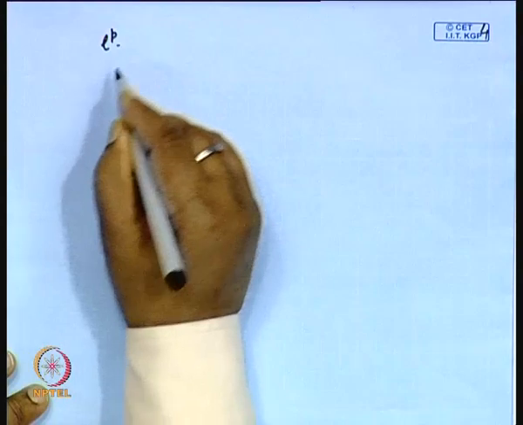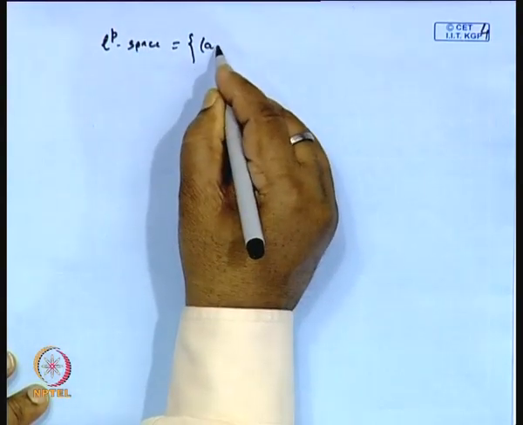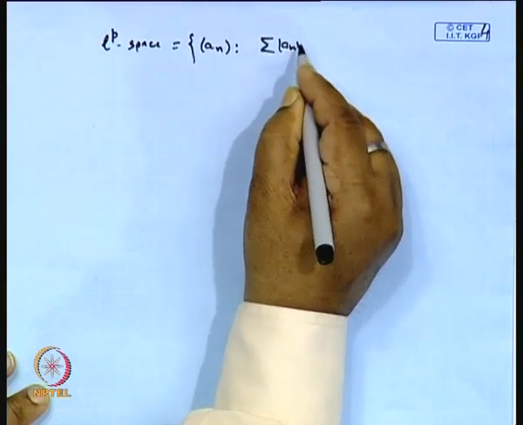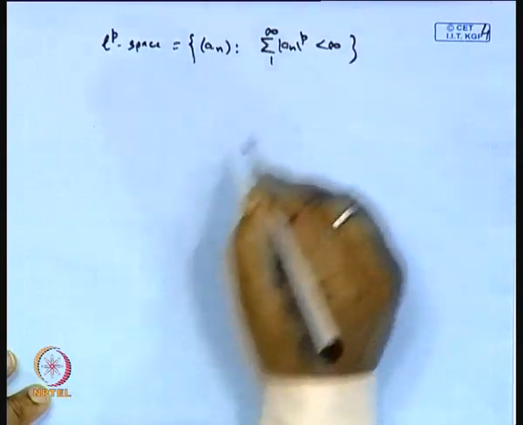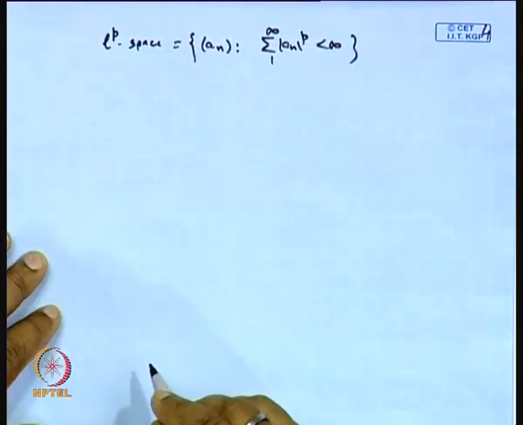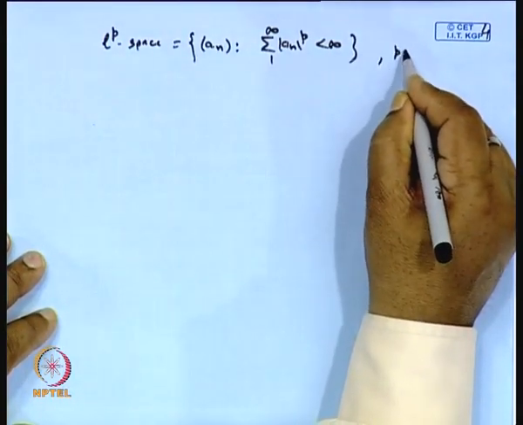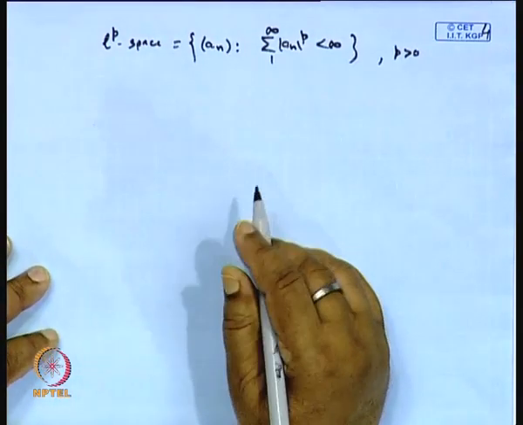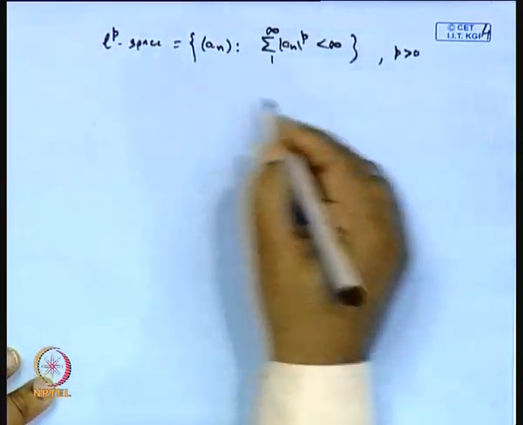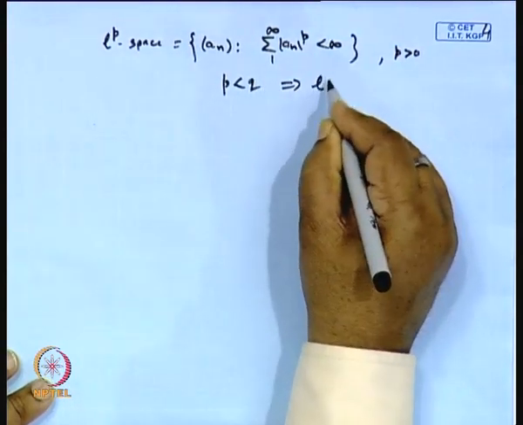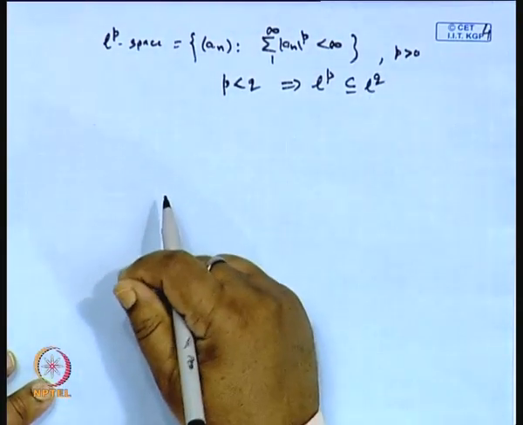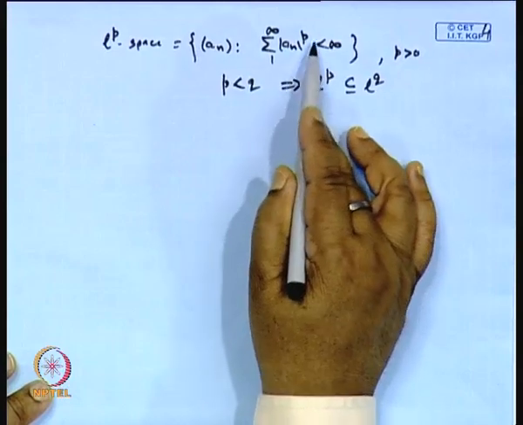Now, there is an inclusion relation. In the case of sequence spaces, say small l^p space, that is the set of all sequences a_n such that the sum of |a_n|^p is finite, with p greater than or equal to 1: if p is less than q, then l^p is contained in l^q, because once this series is finite, the nth term goes to 0.